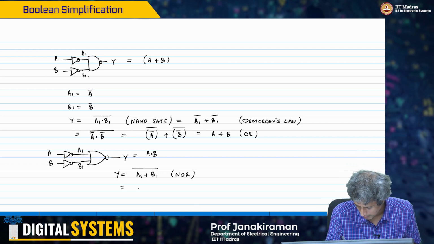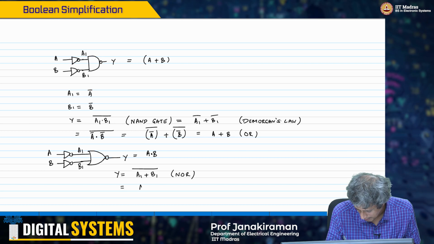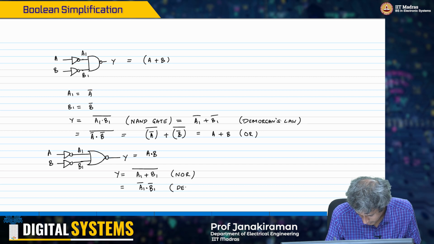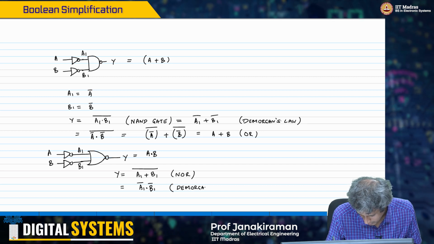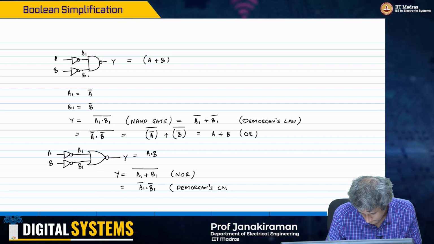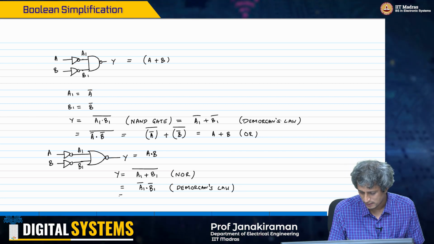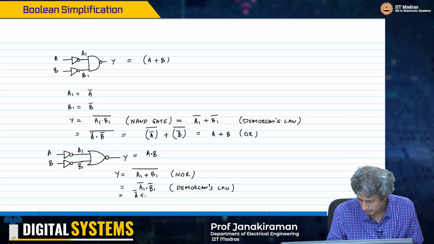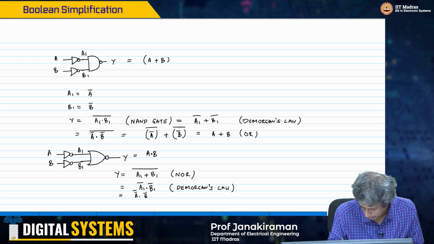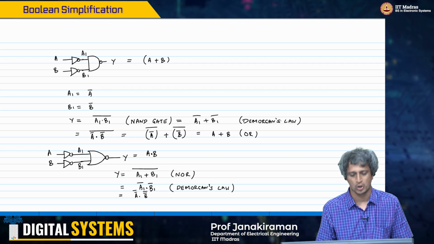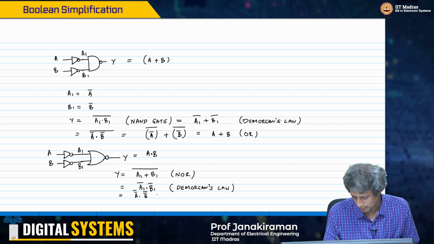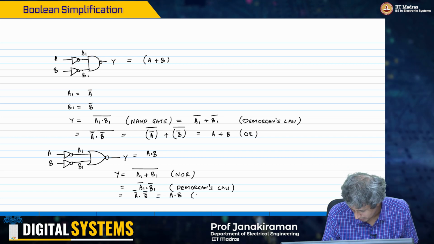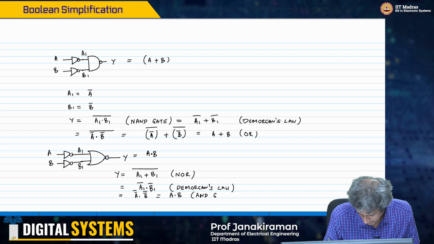This is nothing but, by DeMorgan's laws again, it is just A1 bar into B1 bar. Right? And this is nothing but A bar whole bar, and B bar whole bar, a double complement. And very clearly we know that double complement is the variable itself. Therefore, this is equal to A into B, which happens to be an AND gate.